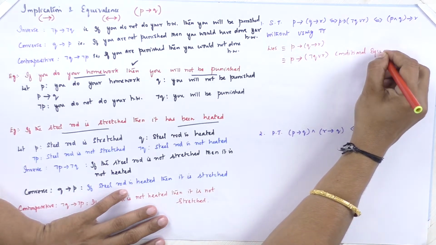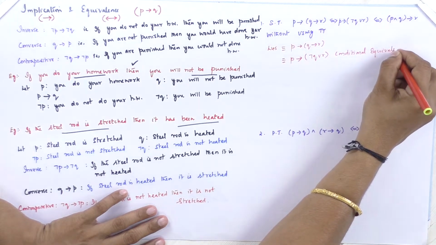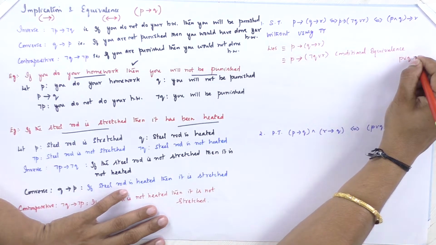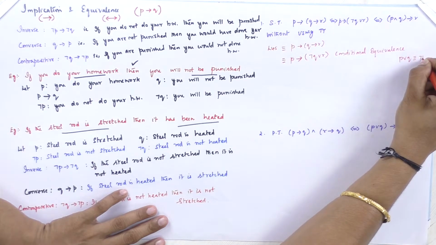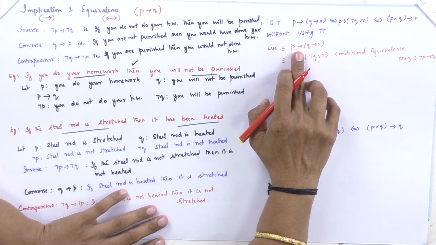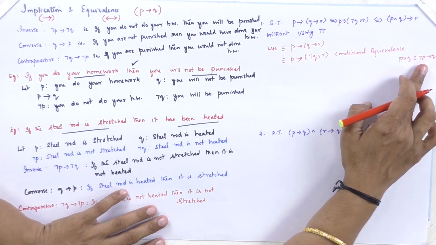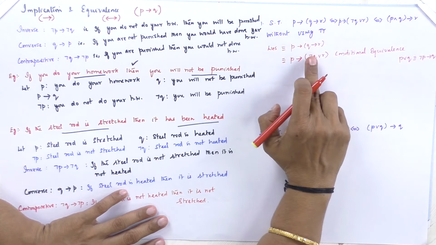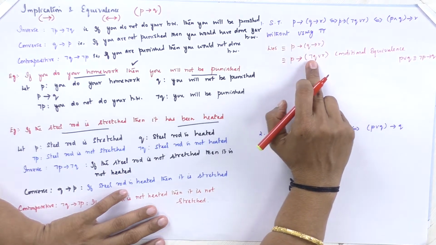We have the law: whenever we have P or Q, this is equivalent to negate P conditional Q. Either way I can write it. If I have this, I will write this. If I have this, I can write this. So that way if I write now, I get this term.